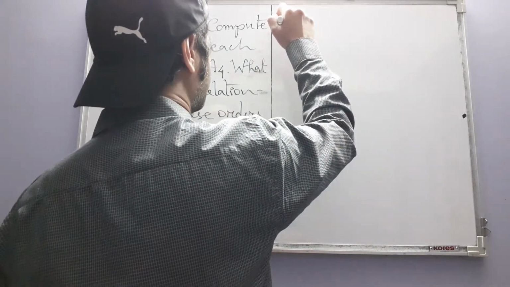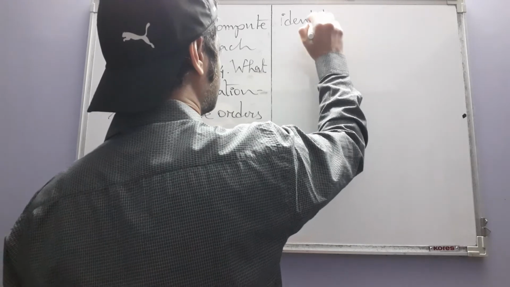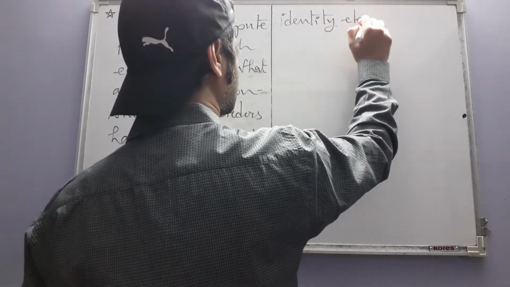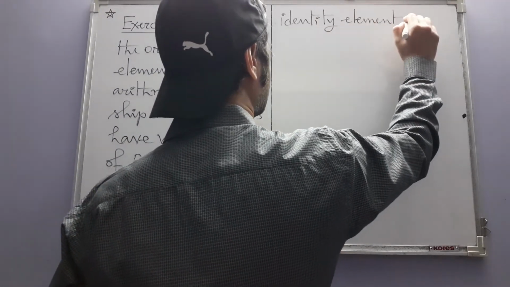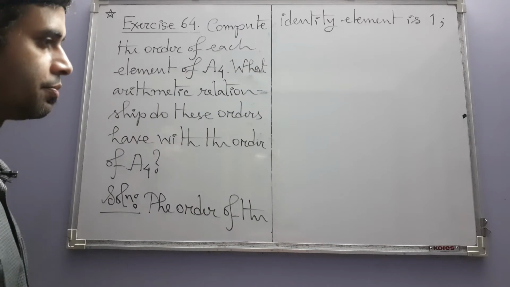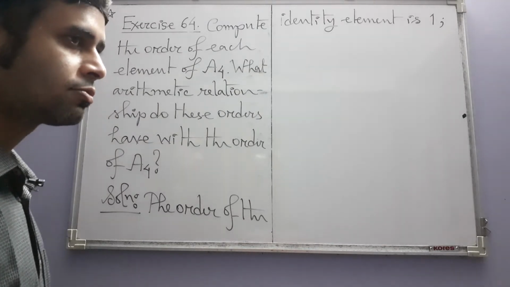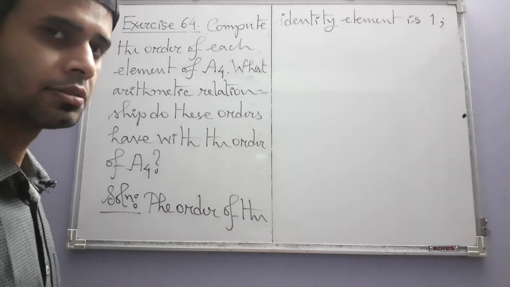The order of the identity element is 1. Next come products of two disjoint cycles.